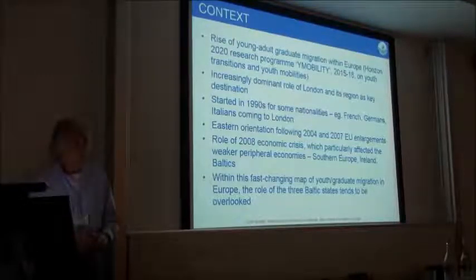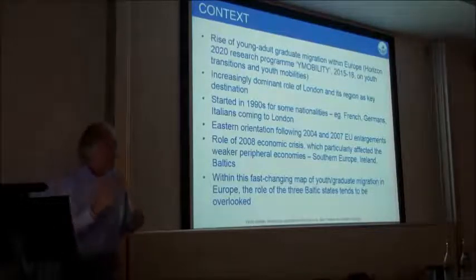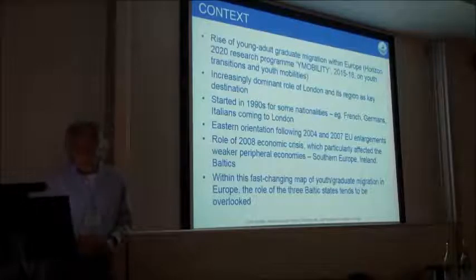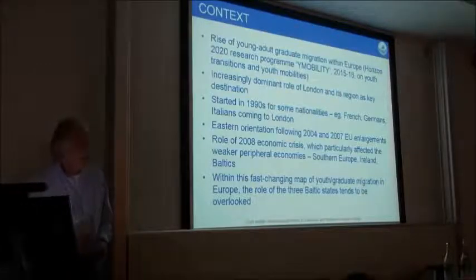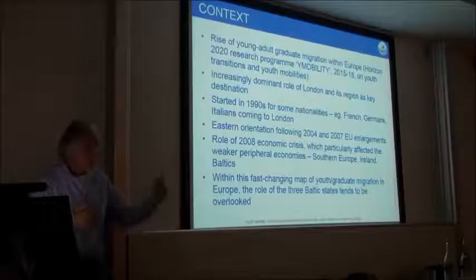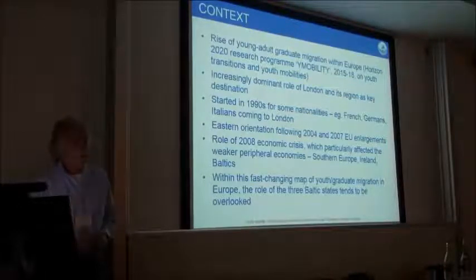But then, of course, when the Eastern enlargement came in 2004 and 2007, the Eastern flow also became extremely important, and that was exacerbated, as it was from other parts of peripheral Europe like Ireland and Southern Europe, with the 2008 crisis.